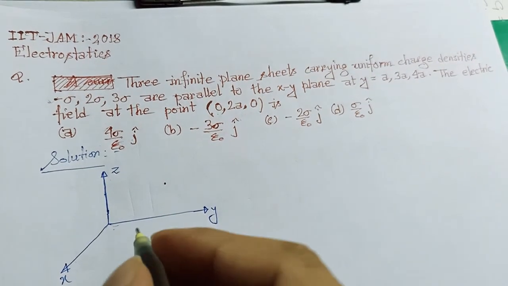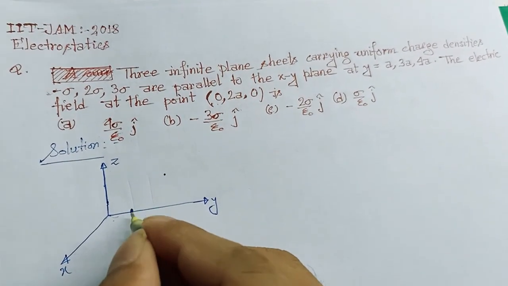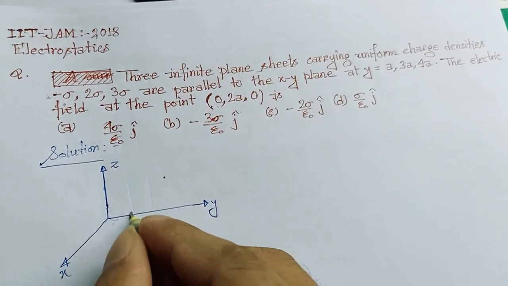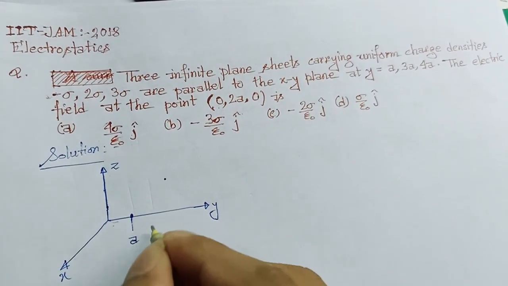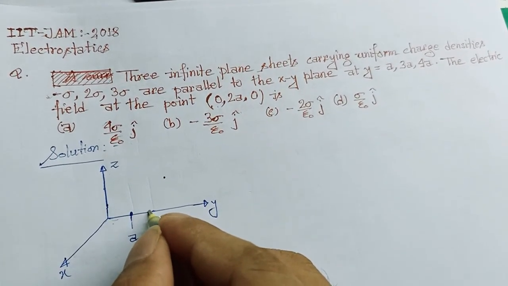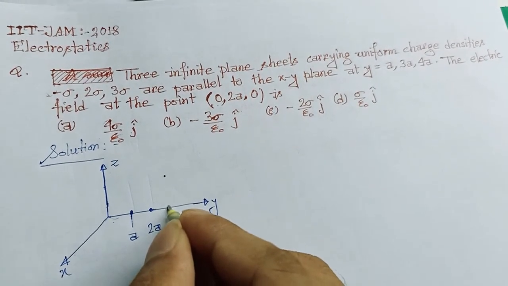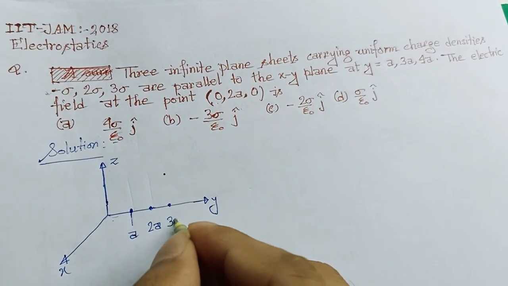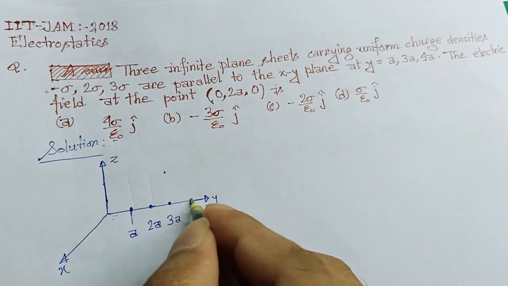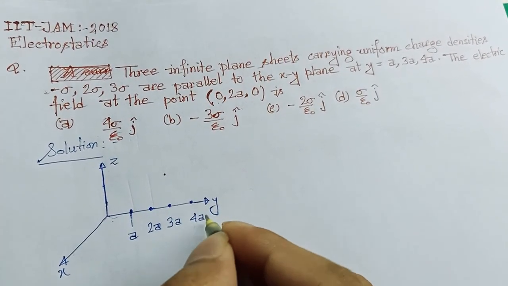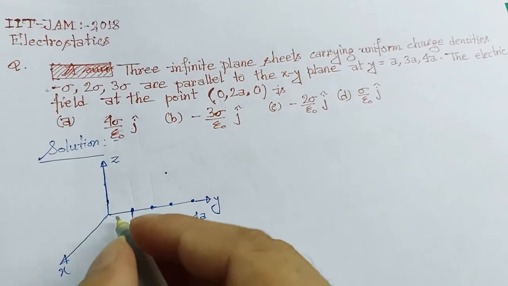Now there is a point whose distance is a, a point whose distance is 2a, a point whose distance is 3a, and again a point whose distance is equal to 4a from the origin.